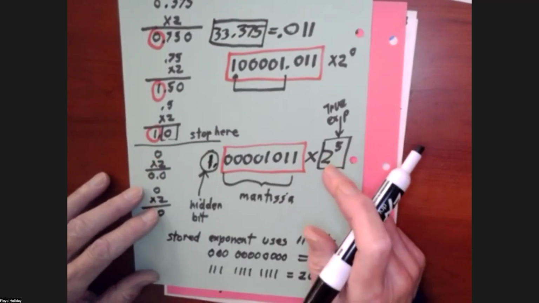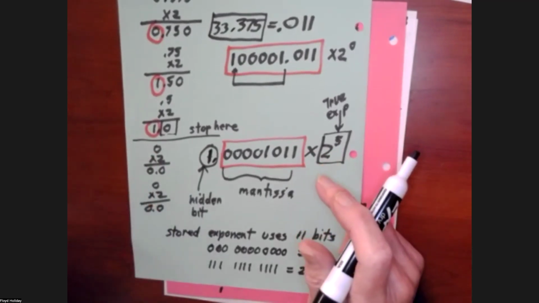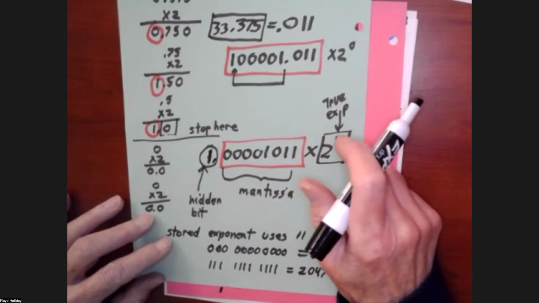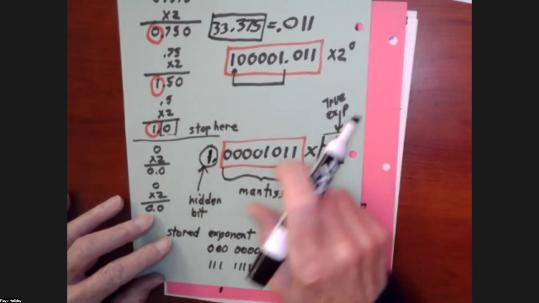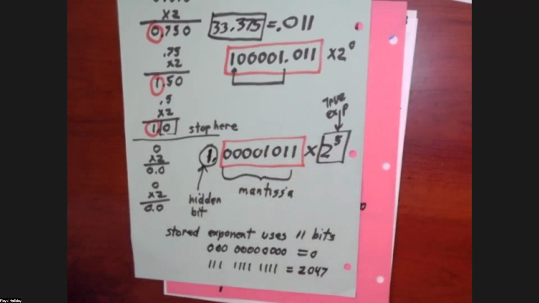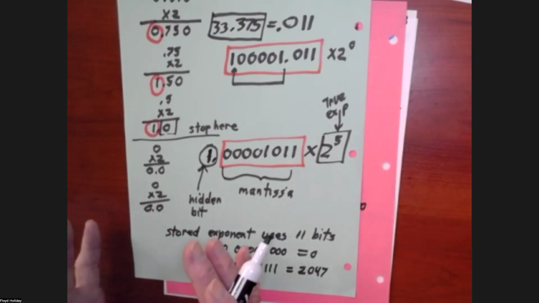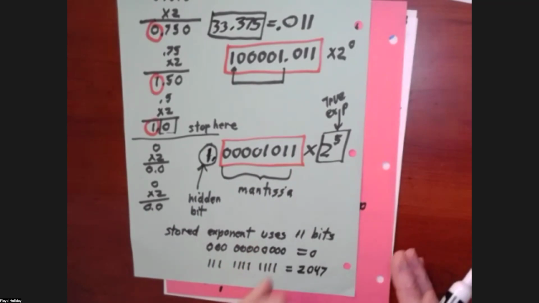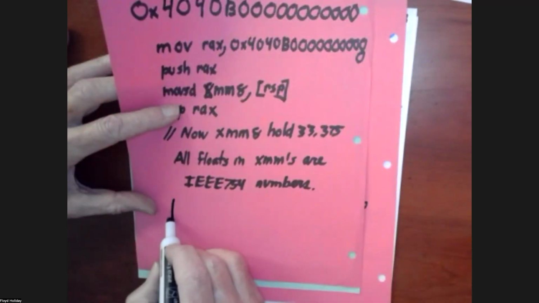Then there's 3 parts here. There's the 0 for positive, there's this 5 to deal with, and the mantissa part to deal with. And we lay them out in that order: sign bit, stored exponent, and mantissa. Here's the register.